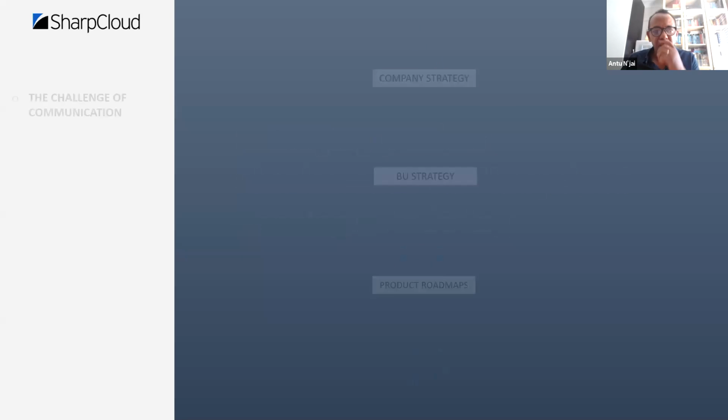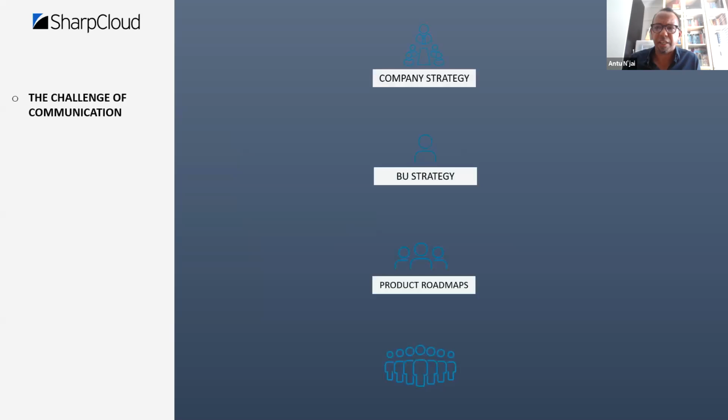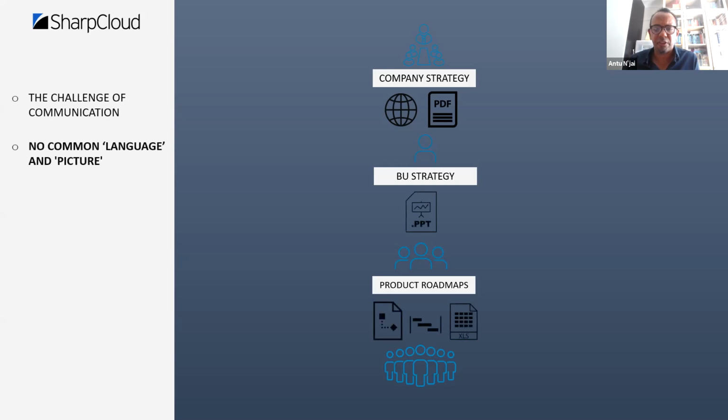So in terms of the challenge, just briefly, I'm going to talk about a fictitious company called Dulson, but they could be any complex organization with lots of business units, lots of teams, lots of products to manage, and so on. Often there's a challenge of communication, and that challenge often is then addressed or tackled through the use of things like websites to communicate strategy, PDF documents, and so on.